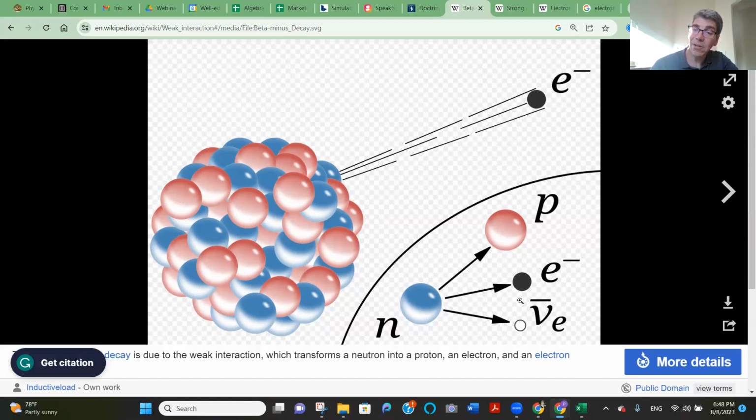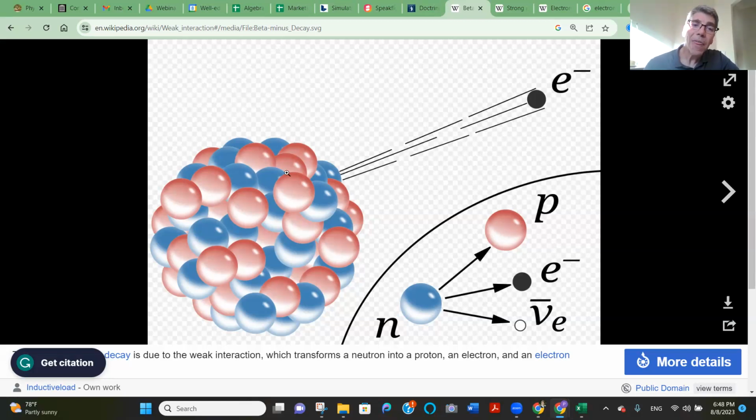Okay, so this one we don't care too much about. This one is now an electron that is free, and so you see it kind of coming out of the nucleus of the atom. And the interesting thing is that now this neutron becomes a proton because the neutron is neutral, but as it discharges a negative electric charge, then it becomes positively charged and becomes a proton.